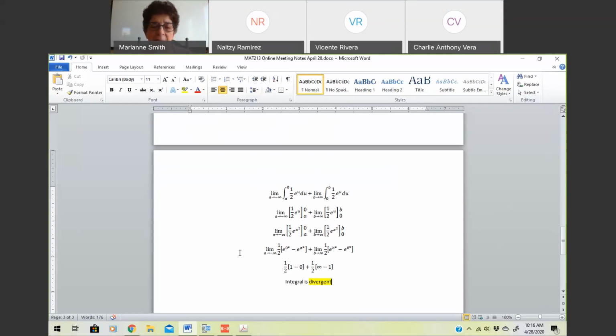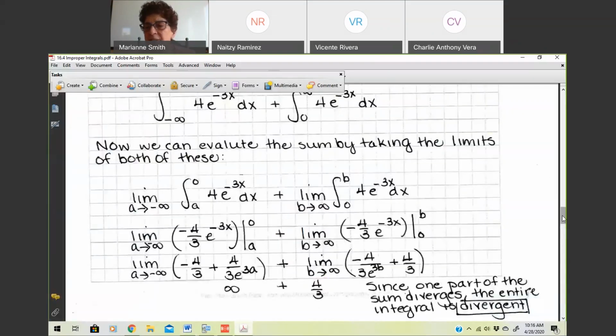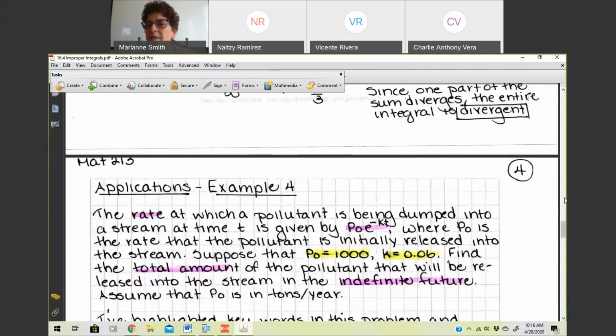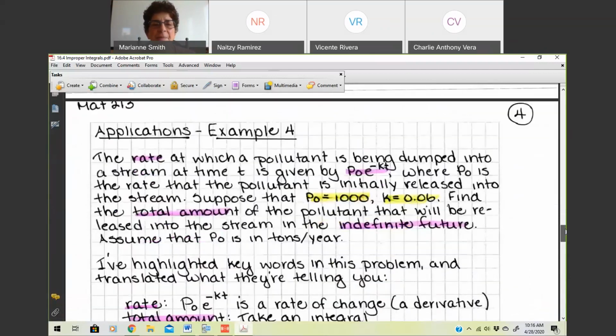All right. Let's take a look at some applications then. I have two applications. This one I'll share with you. Maybe I have a manufacturing plant and it's using a stream for coolant, and maybe it dumps some toxins into the stream while it's using it for coolant.